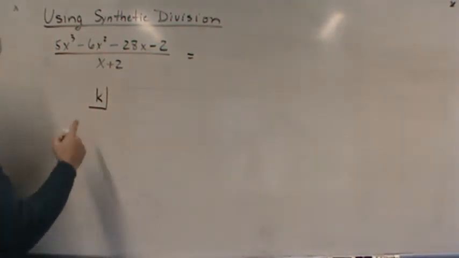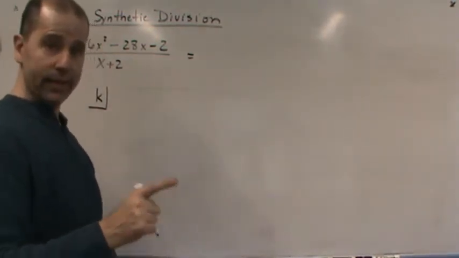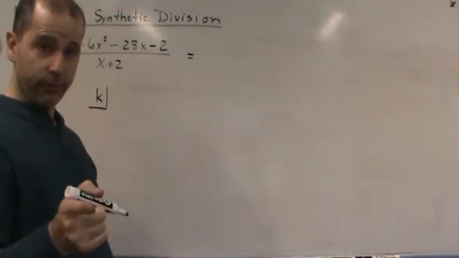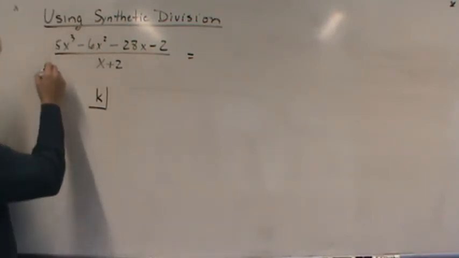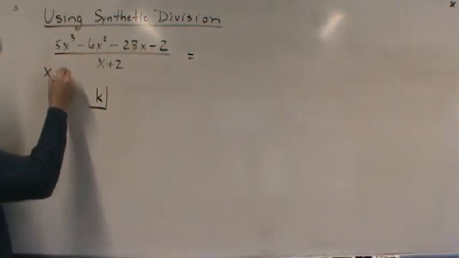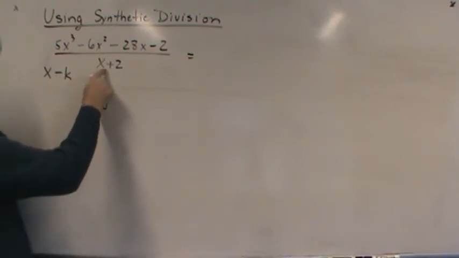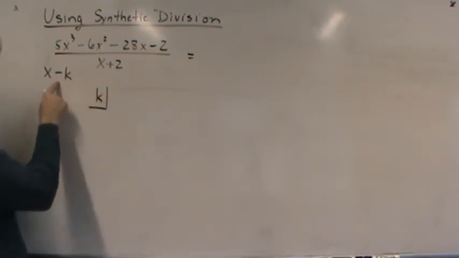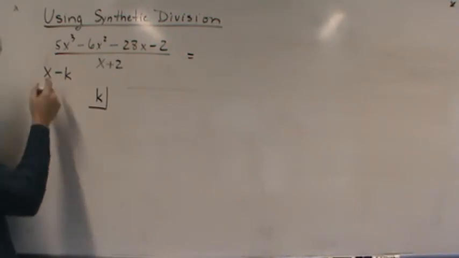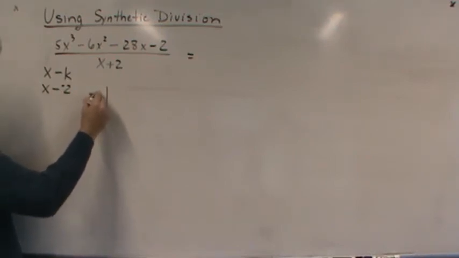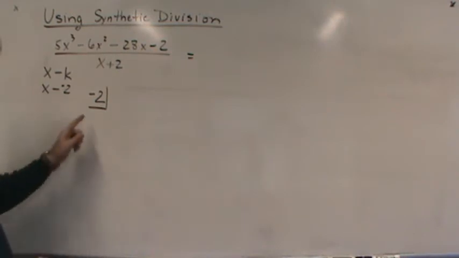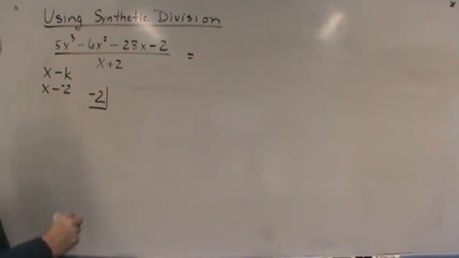Synthetic division only works when your divisor is of the form x minus k or x minus c. So since we have a plus here, we want to put it in the form of x minus k. That means we would write it as x minus a negative 2, which means k is negative 2. So be careful. Some students will put in 2 here. That would be incorrect. In this case, it's negative 2.